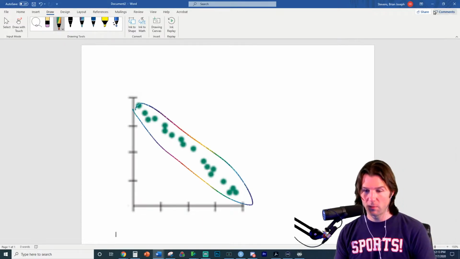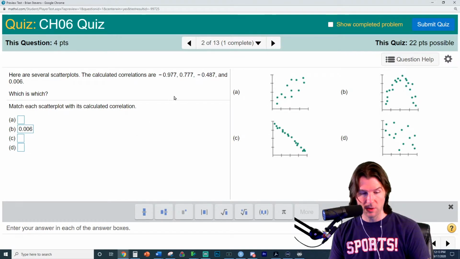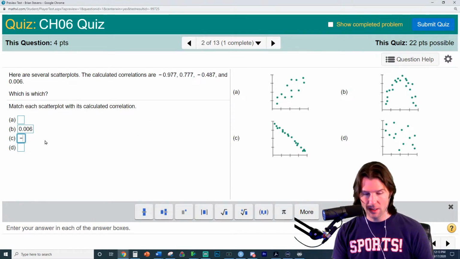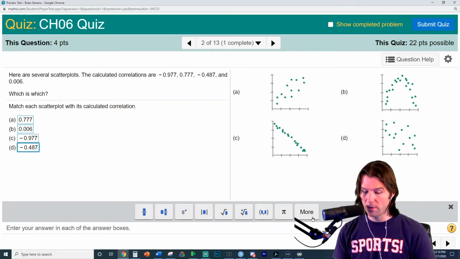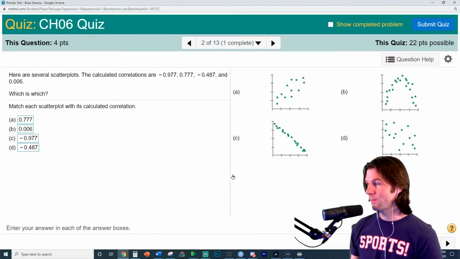So we'll look for the correlation that's closest to -1, and that's the closest to -1. And we've basically identified the extremes right here. Now we're just down to a positive correlation, which is the only positive one. And we're down to the only -1 left. And we've done it, I think, unless we mistyped a number. Good, we didn't mistype any numbers.